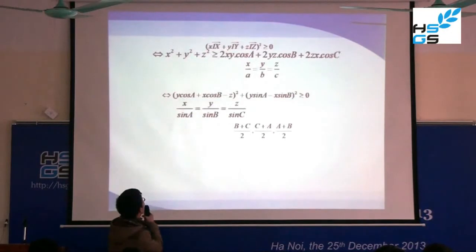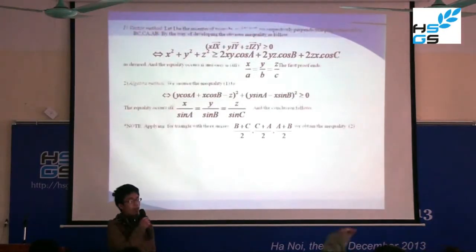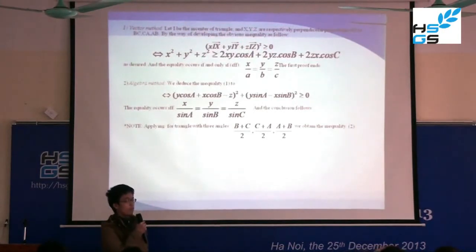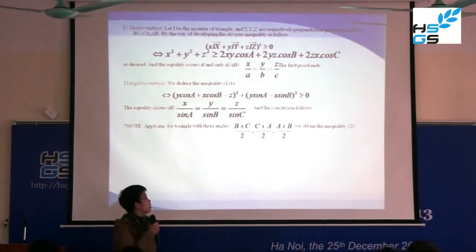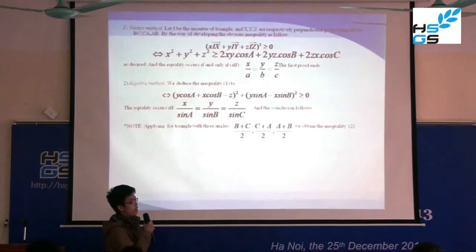The vector method. Let I be the incenter of triangle ABC, and x, y, z the perpendicular heights from I to the sides BC, CA, AB.